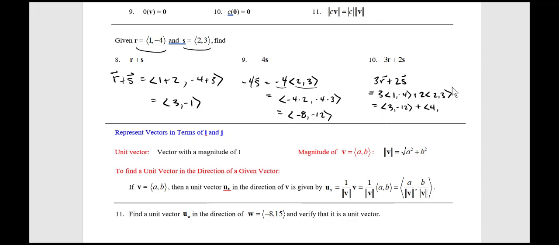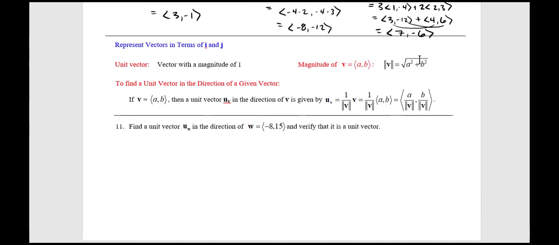So it's kind of like you're just distributing the scalars through the vectors. It's not really distribution, but it kind of feels like it. Add the vectors component-wise now, first with first, second with second. You get 7, and negative 12 plus 6 is negative 6. So 7, negative 6. Right. Easy enough to do arithmetic on these guys.